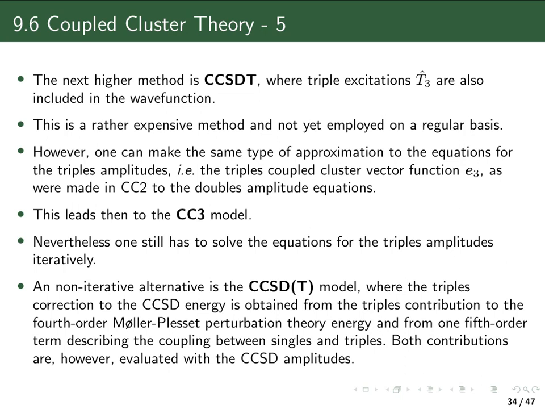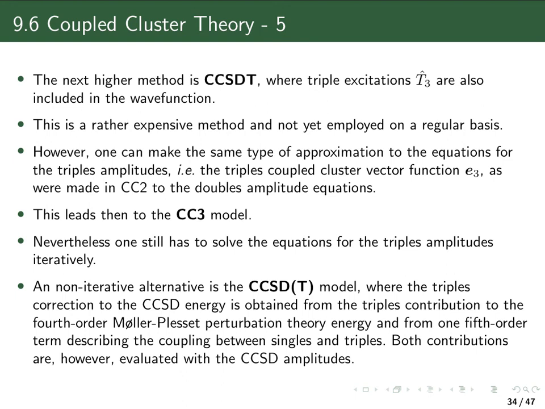Now, an alternative way to approximate CCSDT is by a method which is called CCSD(T), which one could say is a non-iterative alternative, because CCSD(T) is essentially a CCSD calculation where the single and double excitation amplitude equations have to be solved iteratively.